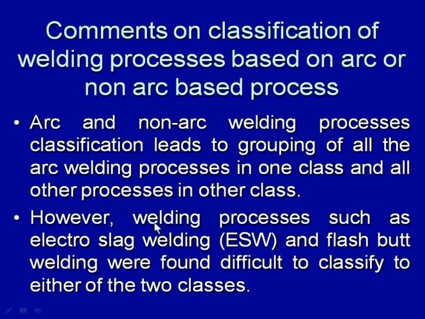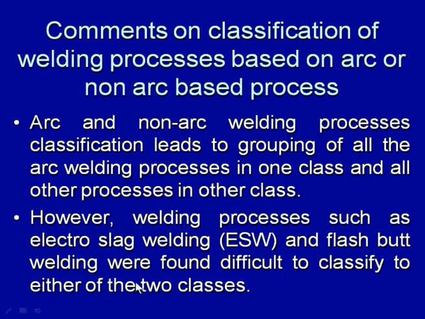However, there are welding processes where there is confusion, and there is a presence of both: arcing for a short while followed by electrical resistance heating. For example, in welding processes such as electroslag welding and the flash butt welding process, it is found difficult to classify under either of the two classes.